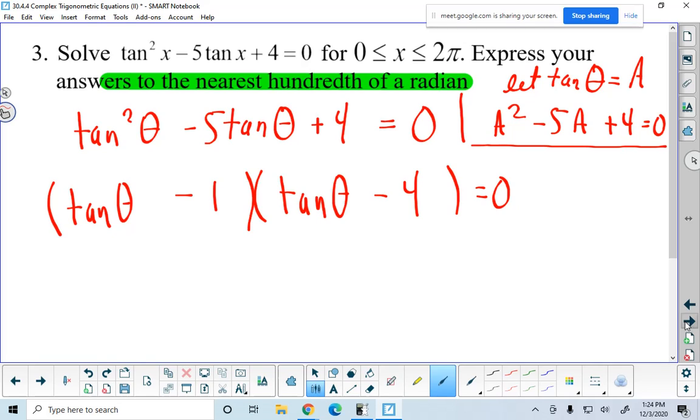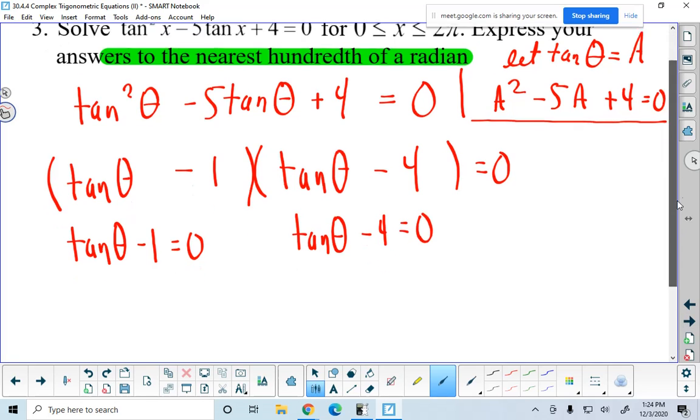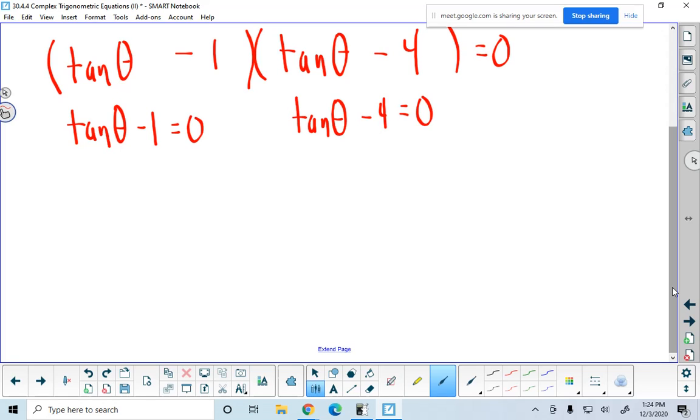Anyway, now we can solve this. Tan of theta minus 1 equals 0. Tan of theta minus 4 equals 0. This means tangent of theta equals 1.